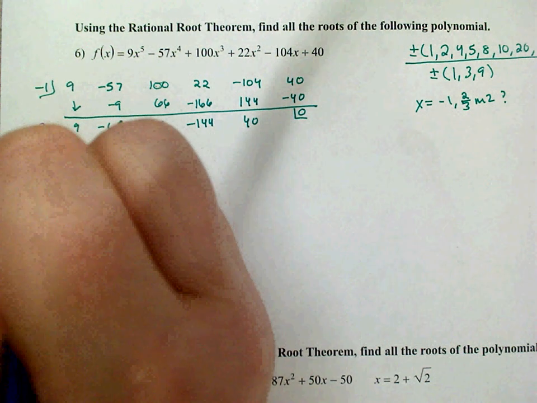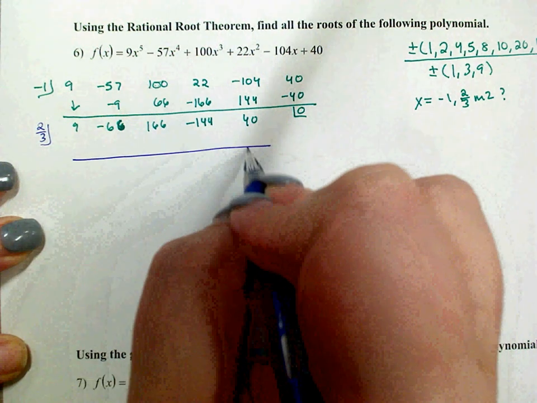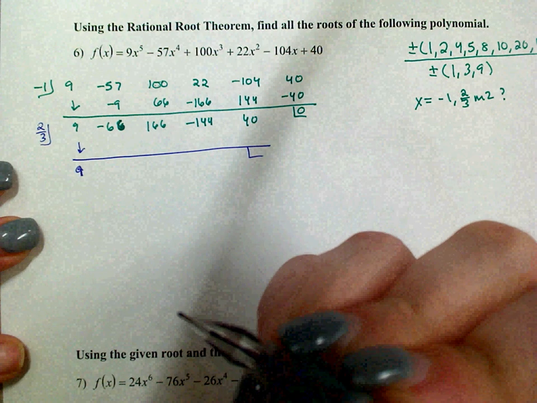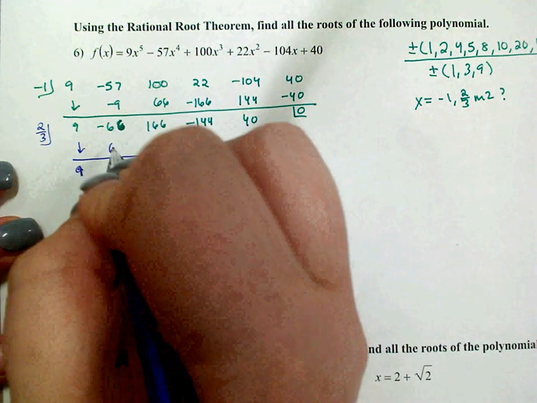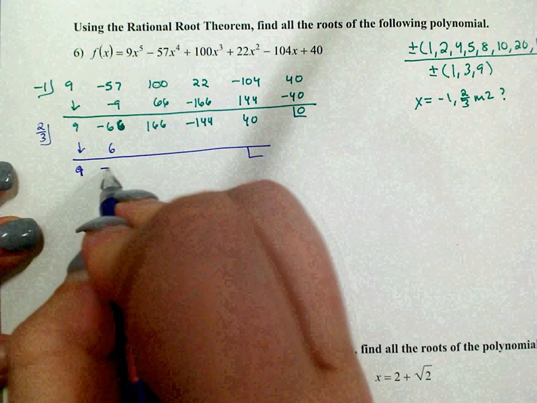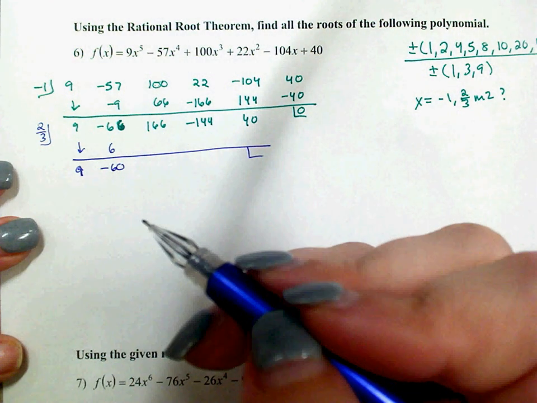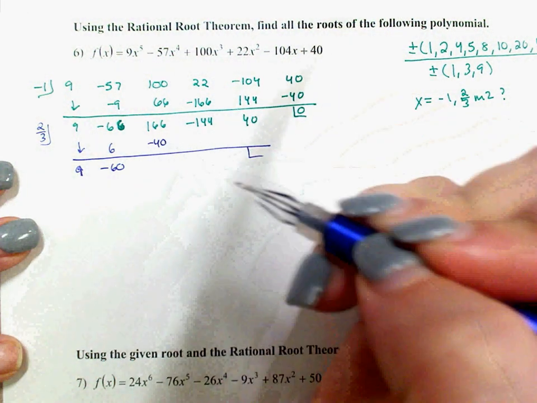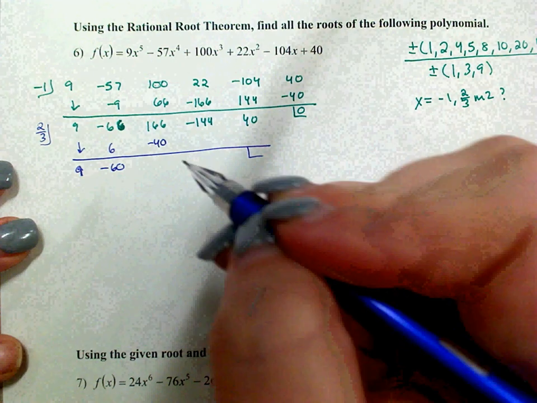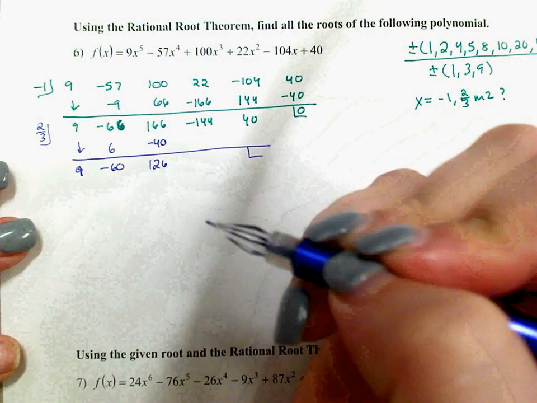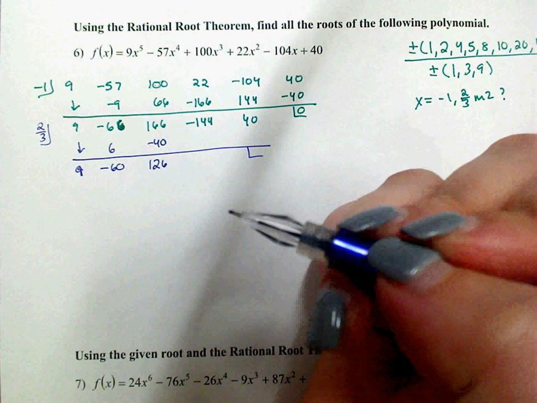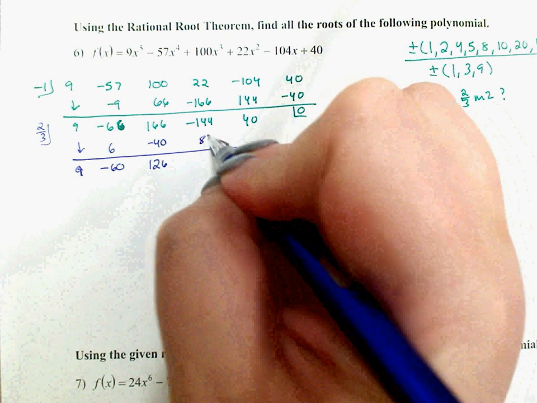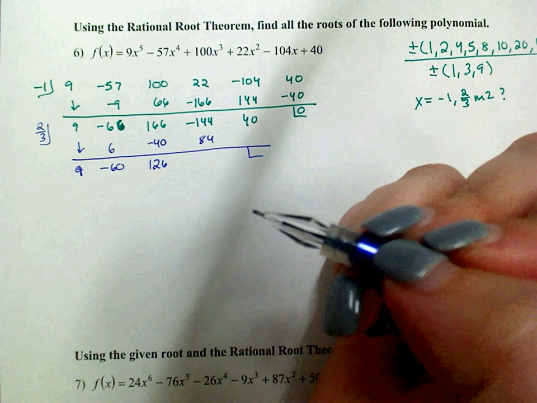Drop the 9. 1/3 of 9 is 3, and 3 times 2 is 6. So that's -66 plus 6, which is -60. 1/3 of 60 is 20, so 2 times -20 is -40. 166 minus 40 is 126. 1/3 of 126 is 42, and 42 times 2 is 84. 144 minus 84 is -60, -144 plus 84.